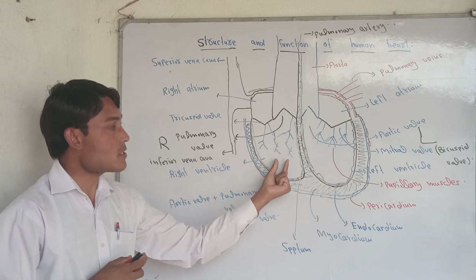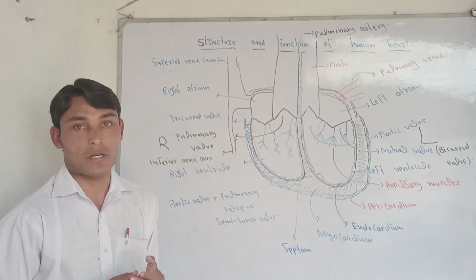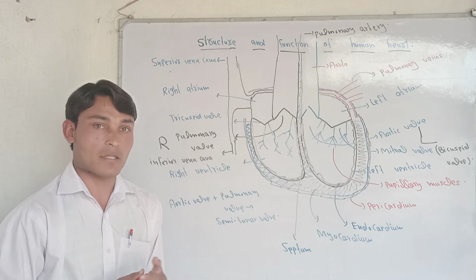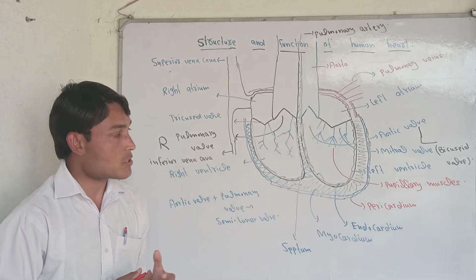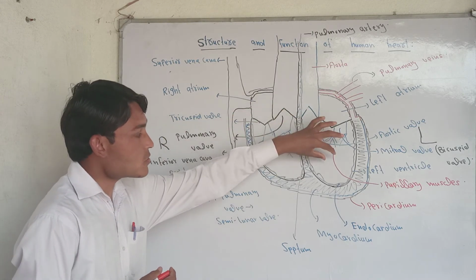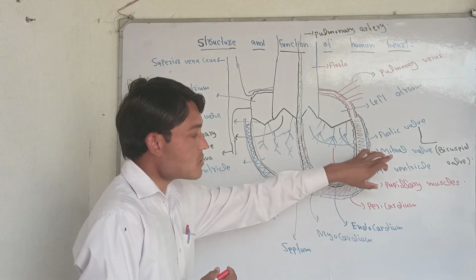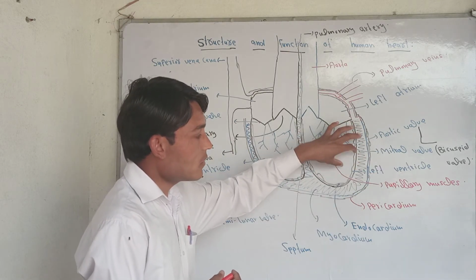Now first of all, we just look at one view, and then we'll discuss the circulation of blood in the human heart. Let's begin with what the chambers are and what their names are. So we have the largest chamber in the human heart, which is called the left ventricle.